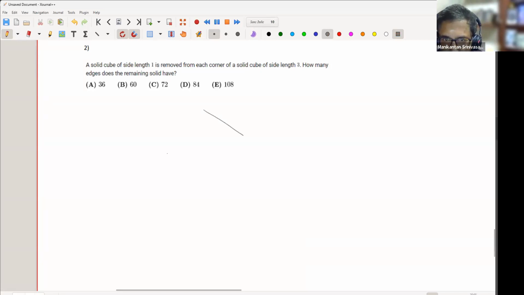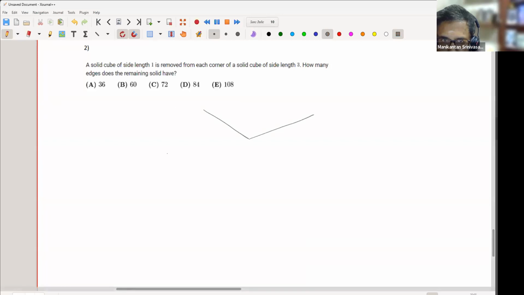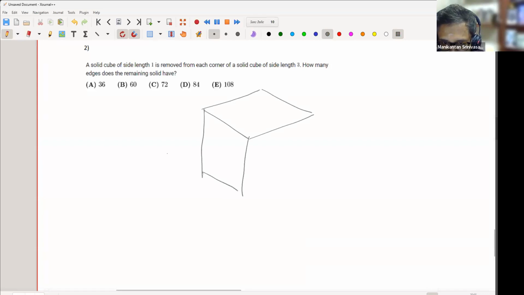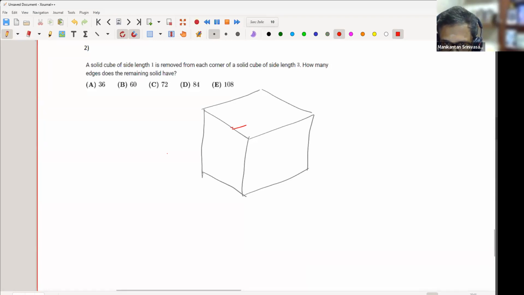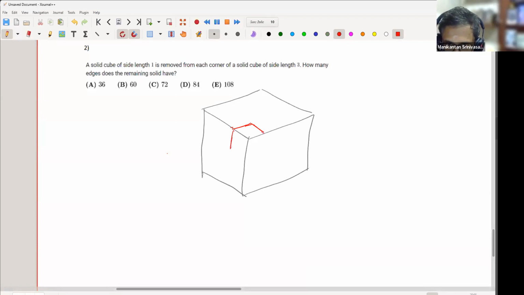I'll draw a picture in case you're struggling with drawing a 3D diagram. Not that I'm doing a better job, but let's see. Let's focus on one corner. In this corner, what's going to happen? You're chopping off this block, right? So some portion like this comes out.